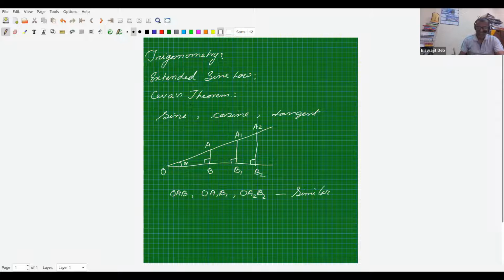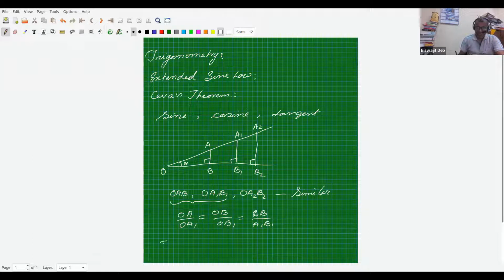So if they are similar, then what can we say about these ratios? If I concentrate only on these two triangles, we can say that OA by OA1, OB by OB1, and AB by A1B1, all these are going to be the same, right?